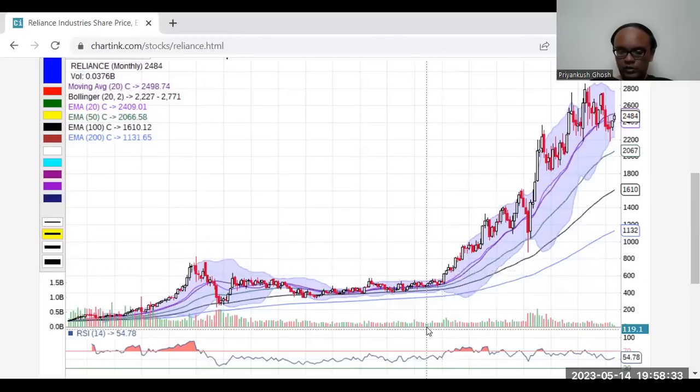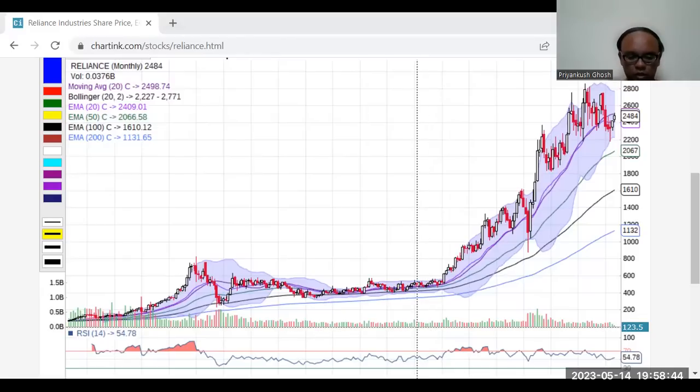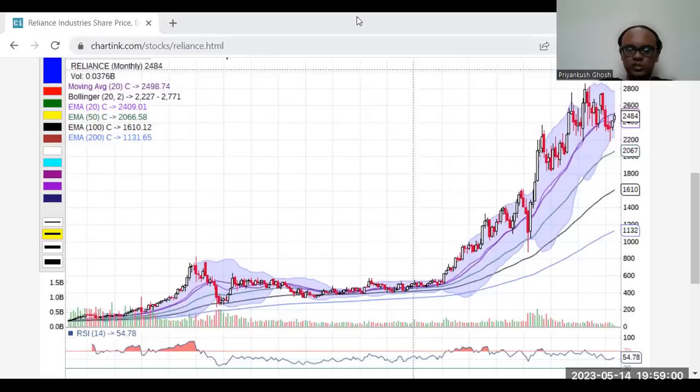So 600 to 2484, around 400%. ठीक है, from 2017 to 2020. Now this is called wealth creation.